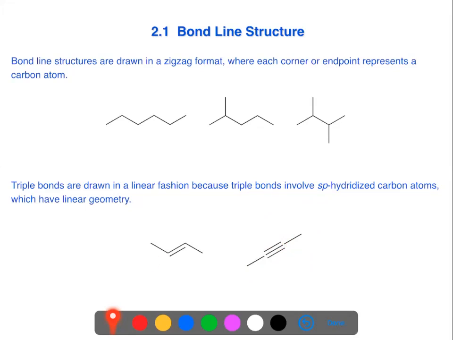So for sp2 hybridized systems, this is seen or thought of as being planar. And again, that falls back to an earlier video where we're talking about the planarity associated with sp2 hybridized systems. And again, the linearity associated with the sp hybridized systems.